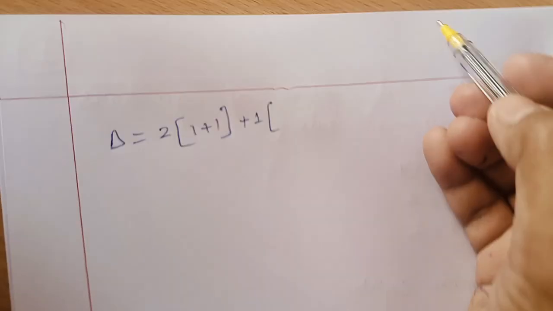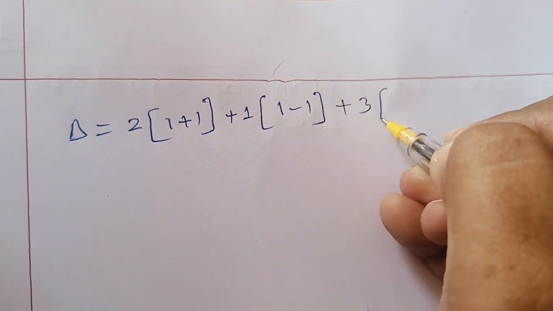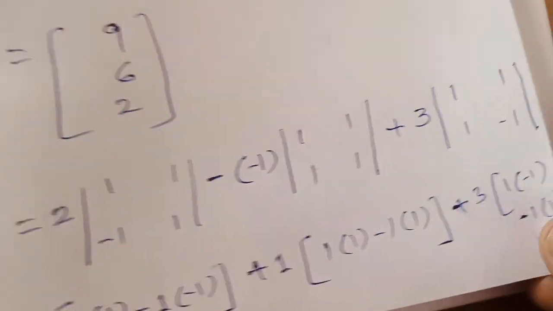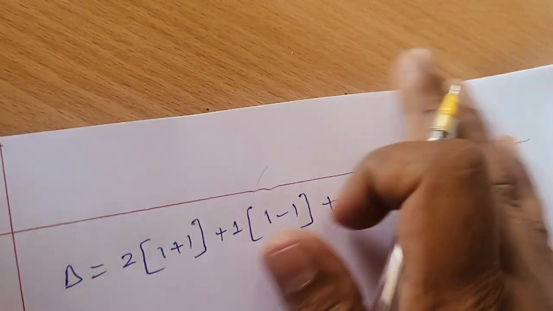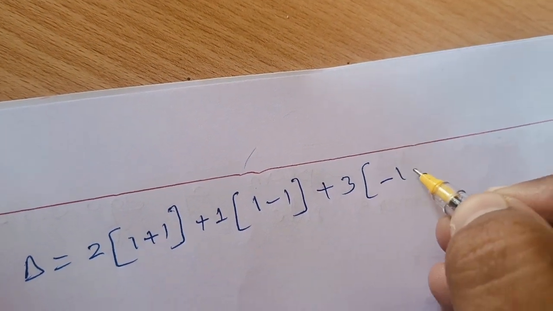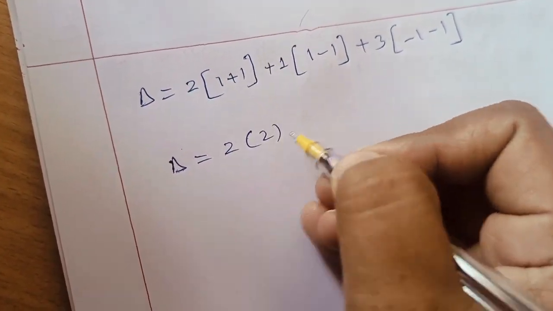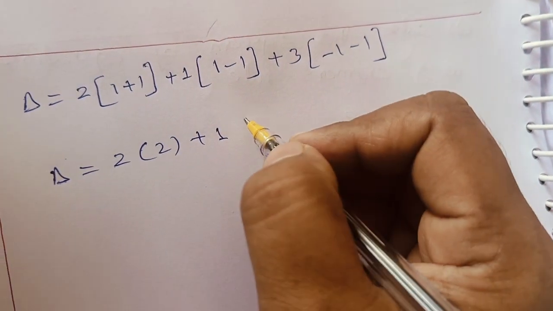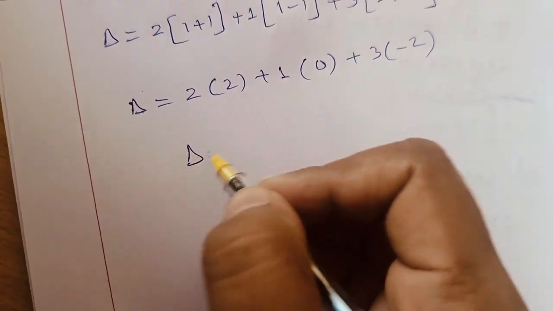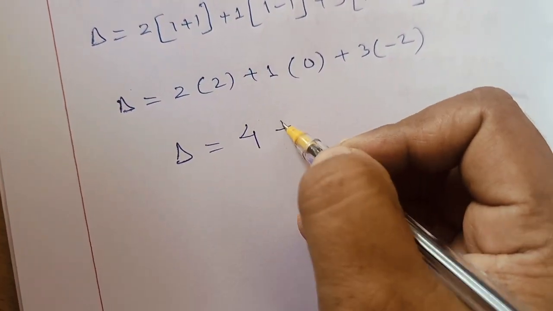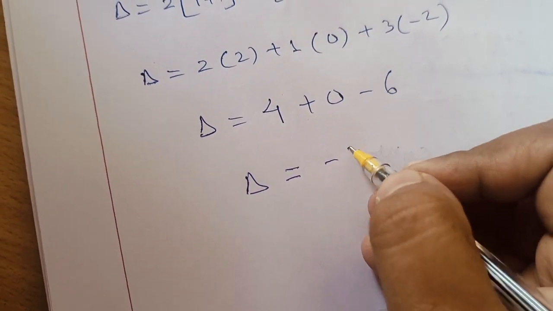Plus 3 into minus 1 minus 1. Delta is equal to 2 into 2 plus 1 into, this term becomes 0, plus 3 into minus 2. Delta is equal to 2 twos are 4 plus 0 minus 6. So our determinant delta is minus 2.